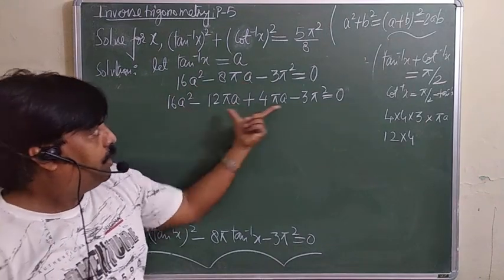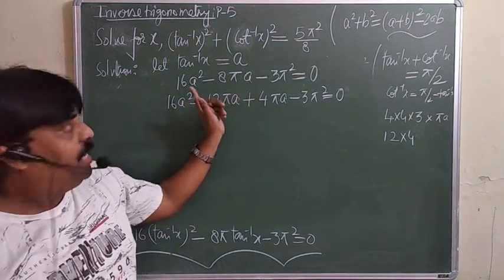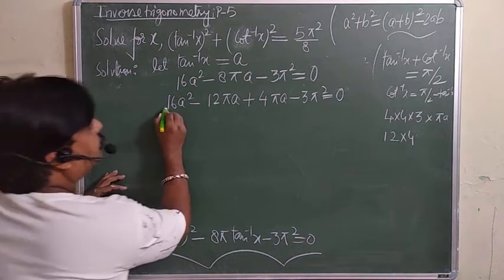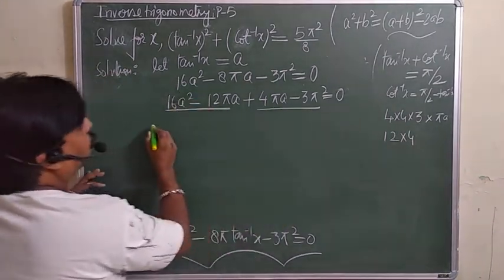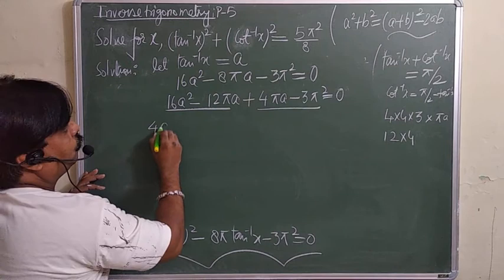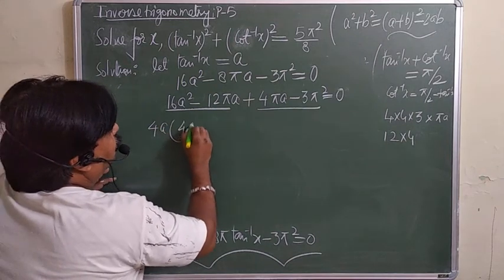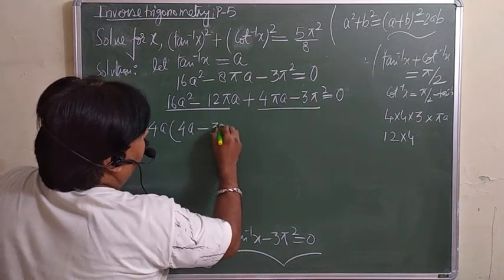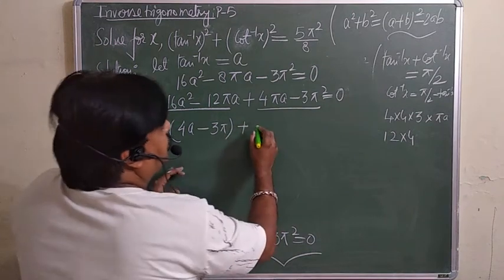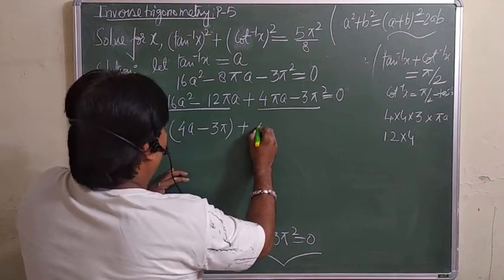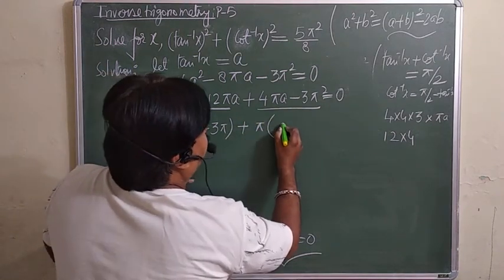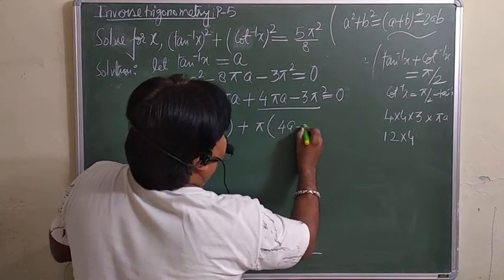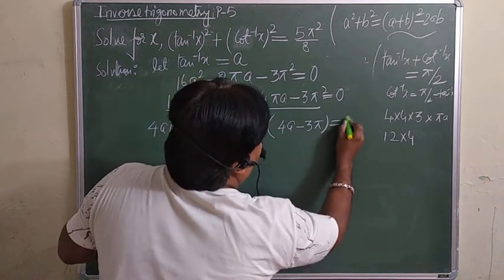I am going to find the factors for this, treating a as a variable. You can take out the common factors: 4a common from the first two terms, giving 4a minus 3 pi, and from the rest take pi common, giving 4a minus 3 pi. So we get (4a minus 3 pi)(4a plus pi) equal to 0.